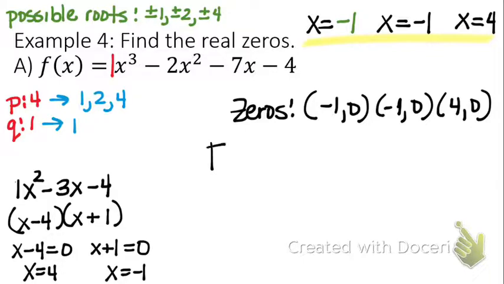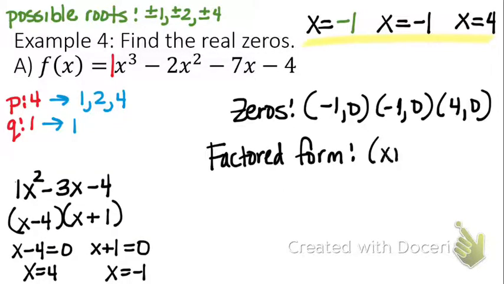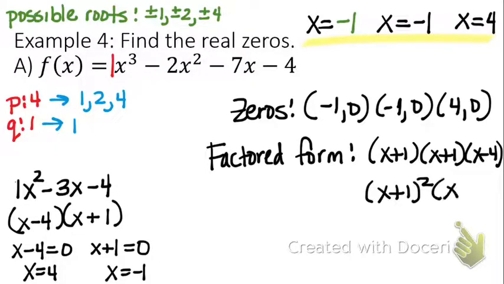The factored form, because you may be asked to write this in factor form, would be x plus 1, x plus 1, x minus 4. And remember, if it occurs twice, you can also just say x plus 1 squared.